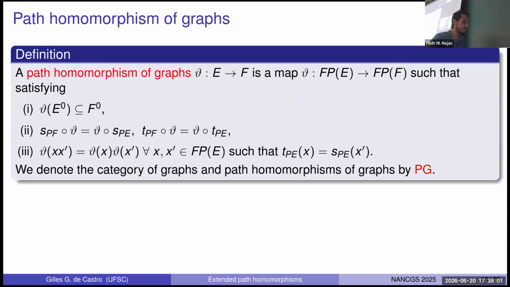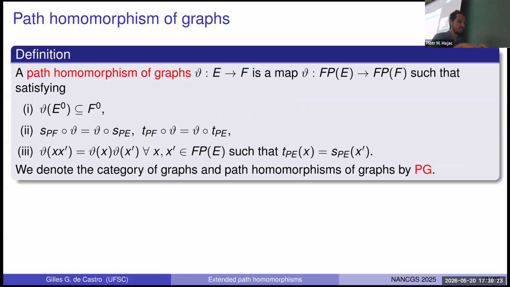Okay, so the second kind of homomorphisms that we study is path homomorphisms. The idea is that there are some examples where, when we look at the algebras, you know what homomorphisms you want between the algebras, but you want them to be homomorphisms between the graphs.